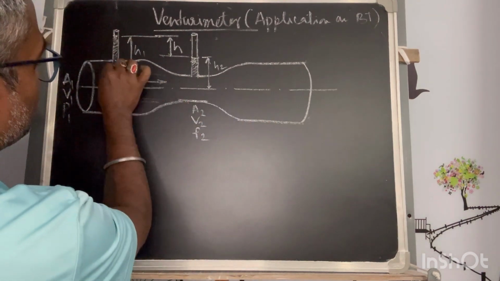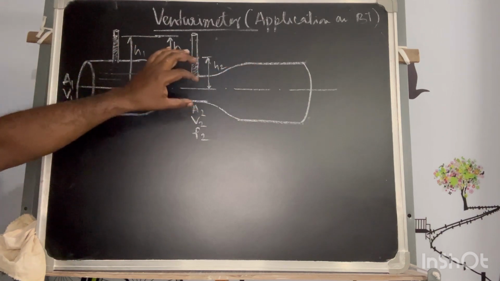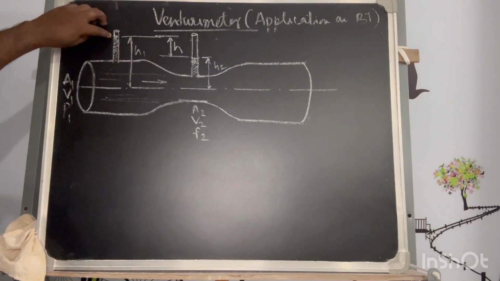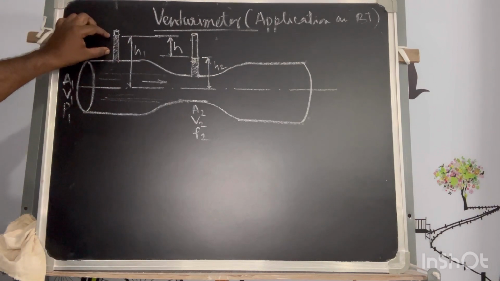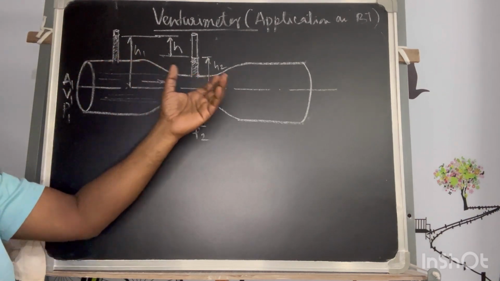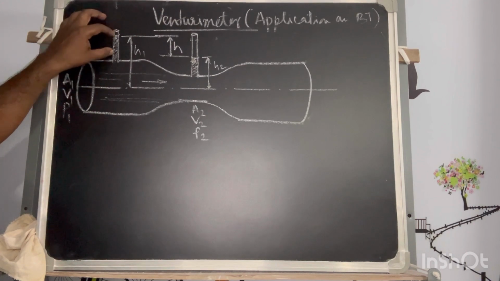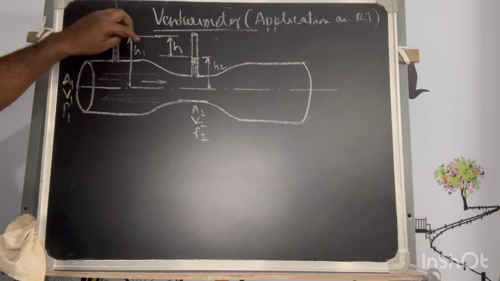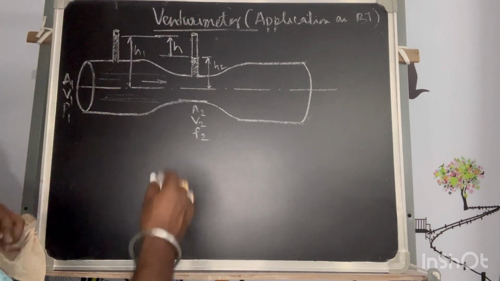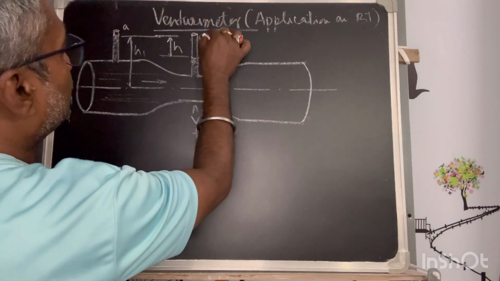Due to this flow, practically you will find the liquid which is flowing will cause a column in this, basically for liquid. For gas you won't get any physical height difference because you cannot see it. For liquid it is visible, and the liquid column is in this very small tube, of equal cross section.